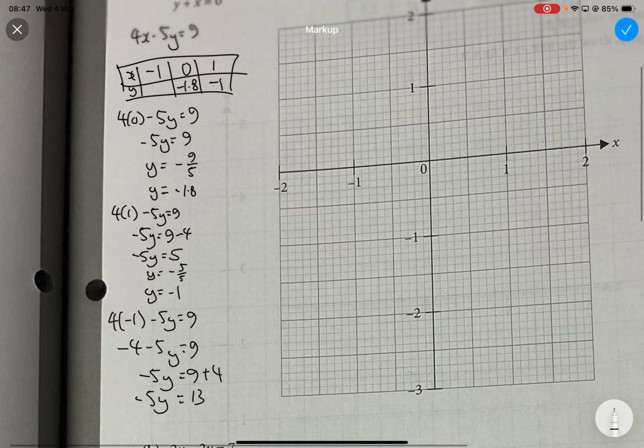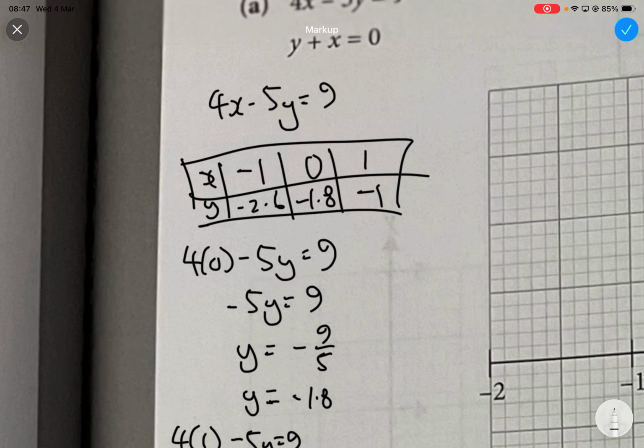Negative 5y equals to 13. Y equals to negative 13 over 5. Okay? Then calculator, 13 divided by 5 is 2.6. Negative 2.6.